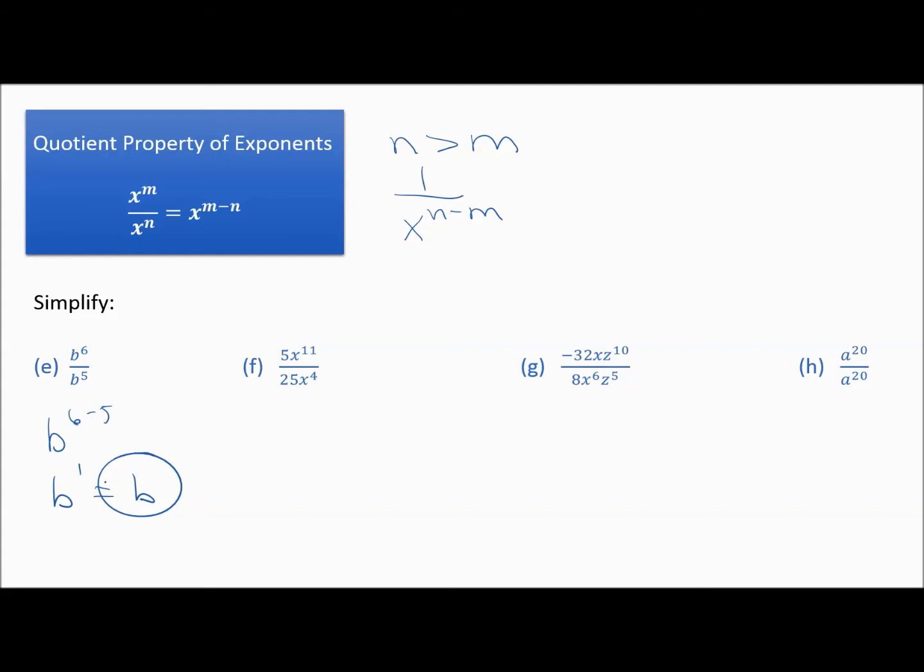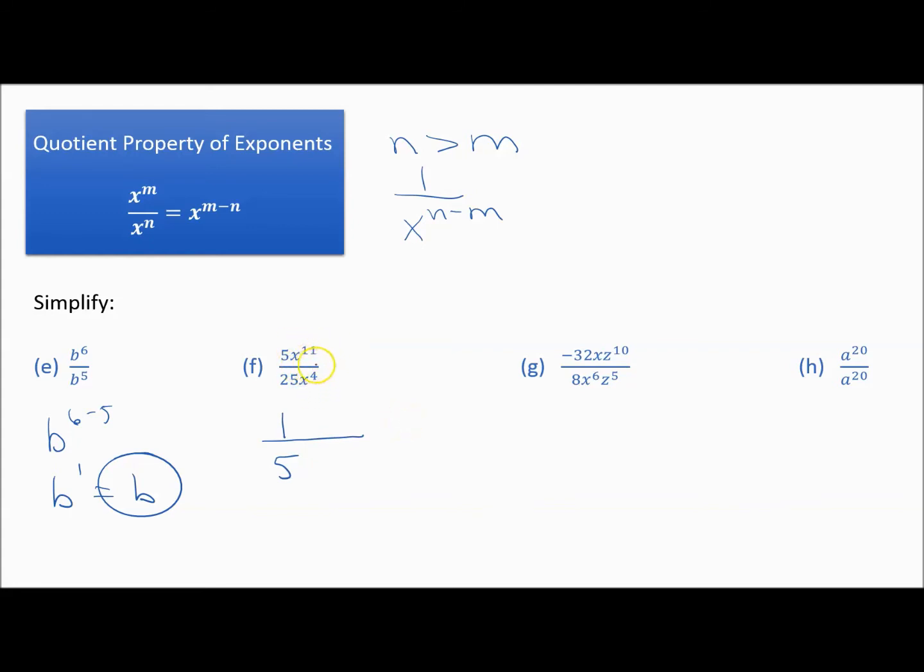Now look at f. Slightly more complicated because you have coefficients here as well. So think about reducing these as you would always reduce a fraction. 5 divides into both 25 and 5, so 5 goes into 5 one time, and 5 divides into 25 5 times. And now let's look at the variable part. We have x to the 11 over x to the 4th.